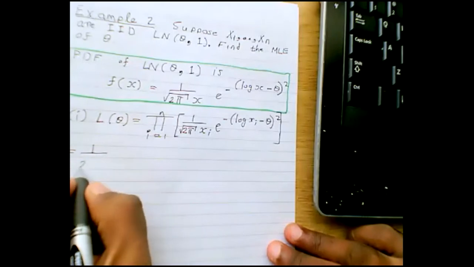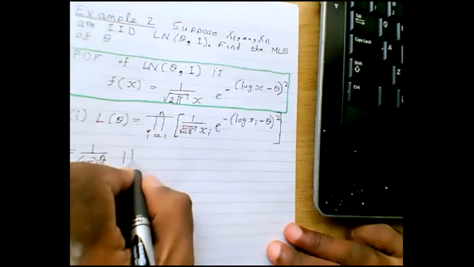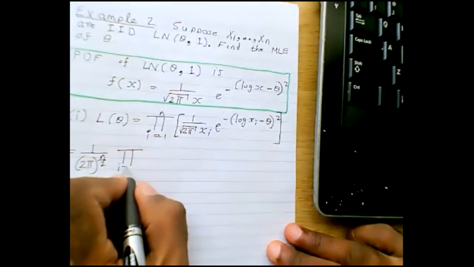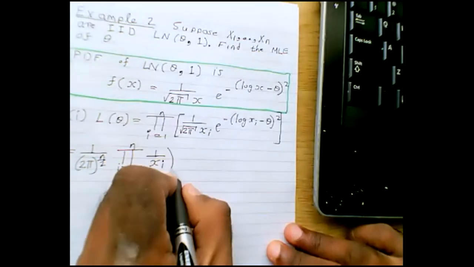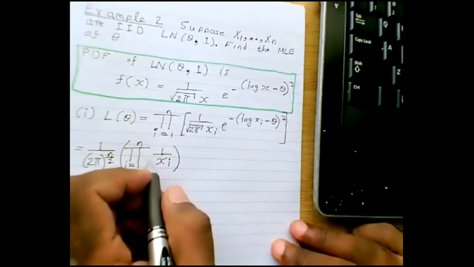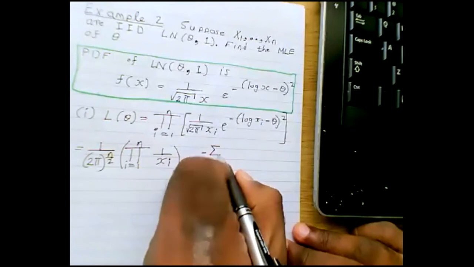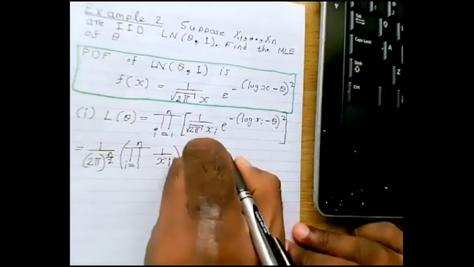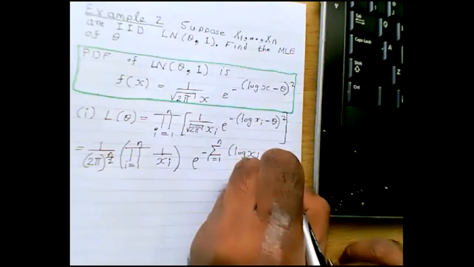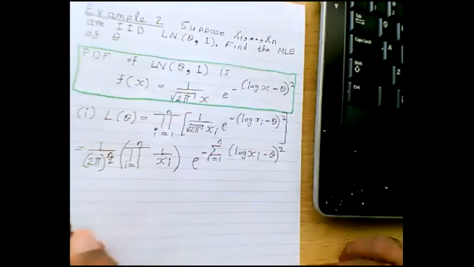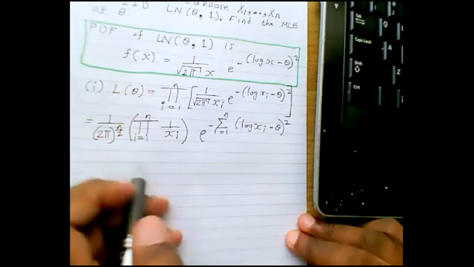You will get 2 pi times, all right. If you have any questions, please feel free. So this is the likelihood function.